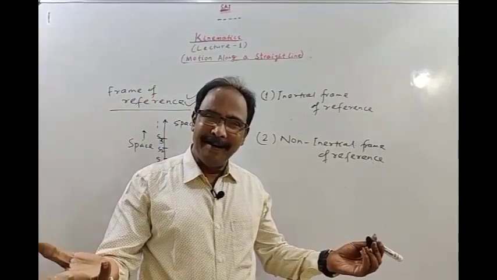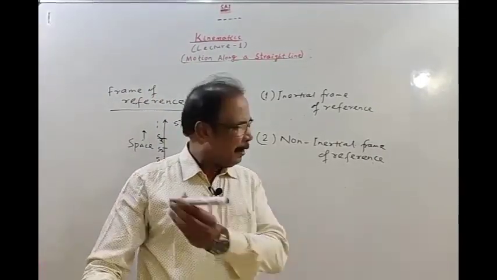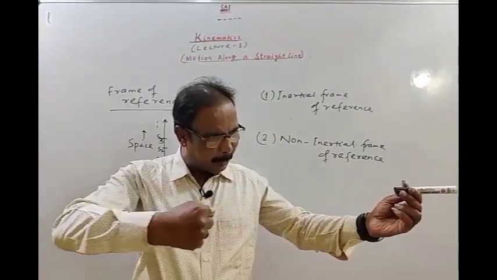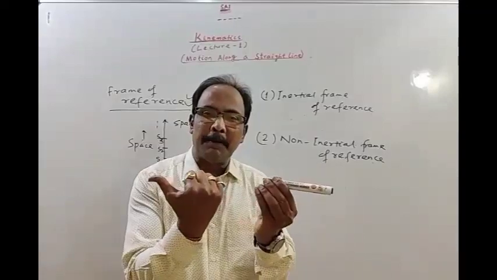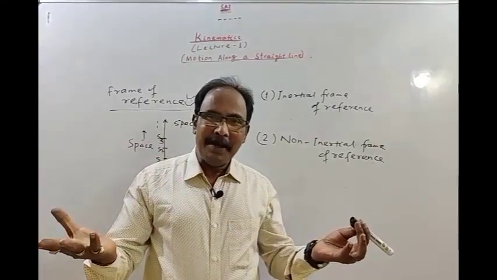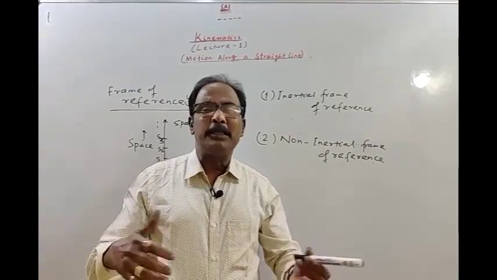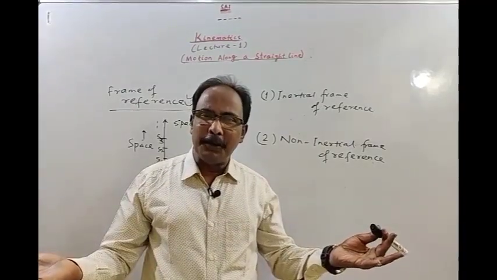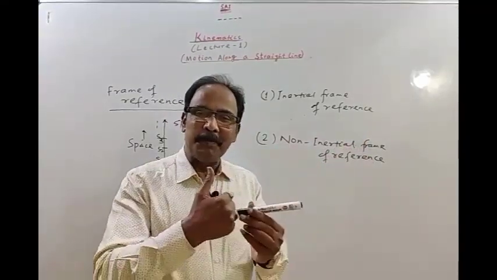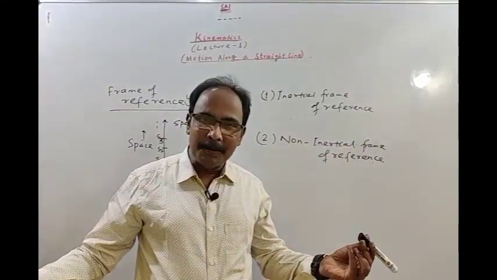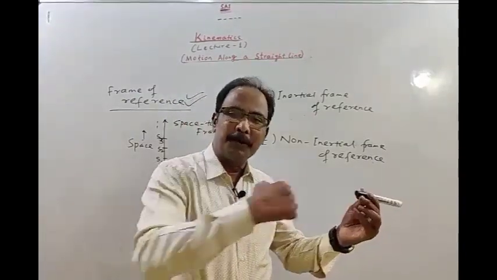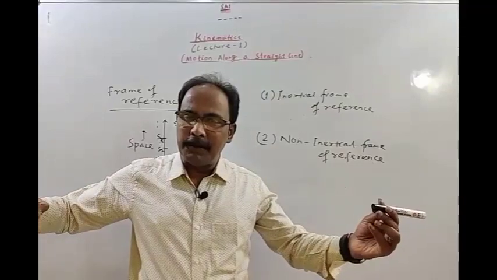If a frame of reference is moving towards east and a force is applied towards west, in the opposite direction, then its speed will decrease, means the magnitude of velocity will decrease. So speed increases, accelerated motion; speed decreases, retarded motion. Means if force is applied either along the direction of motion or opposite to it, the speed changes.